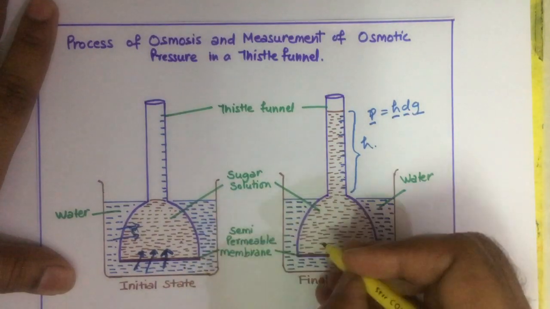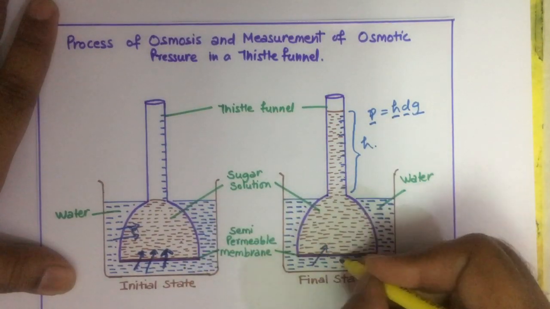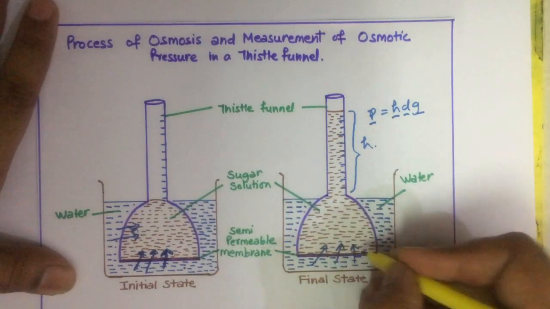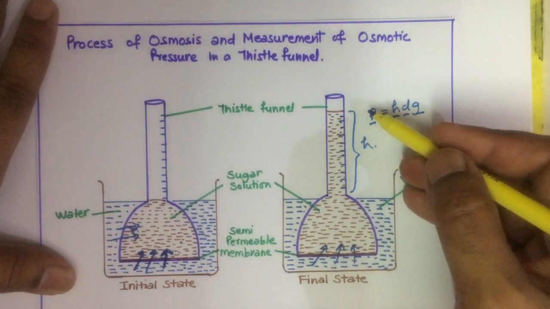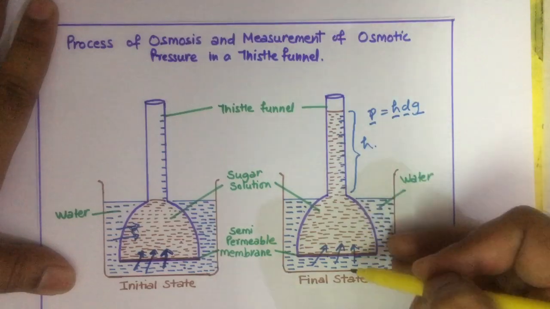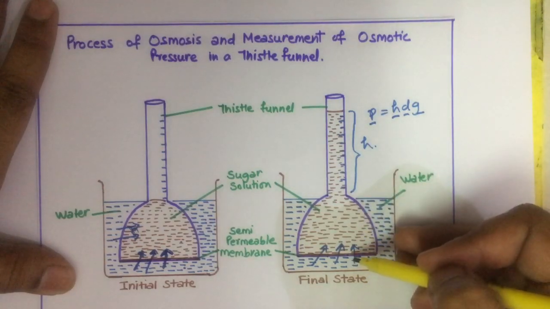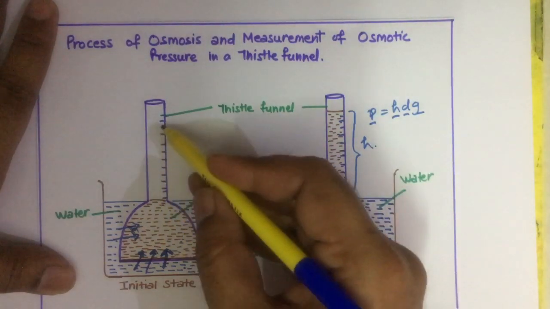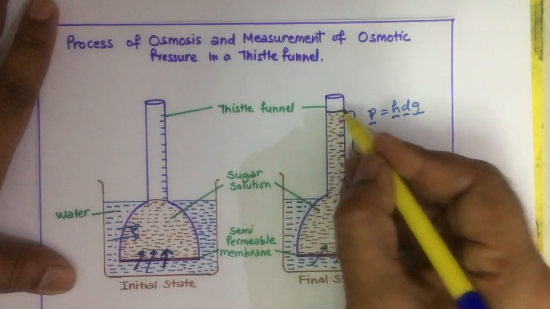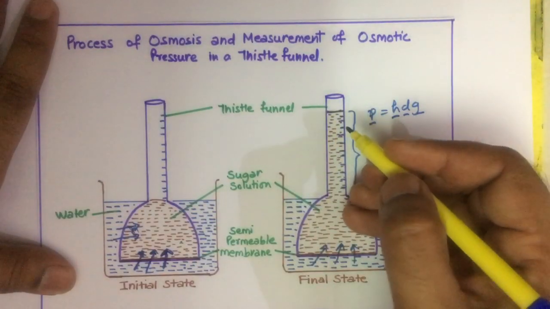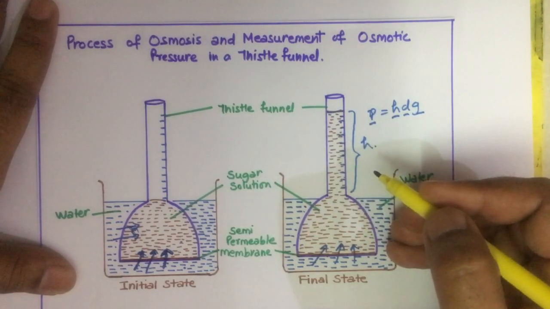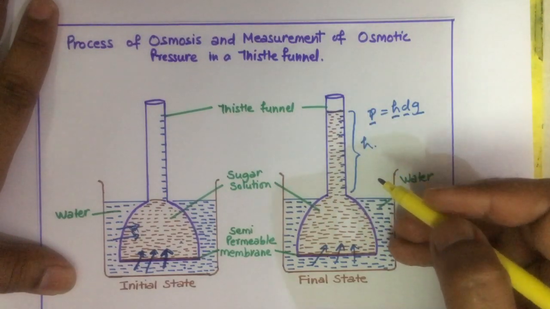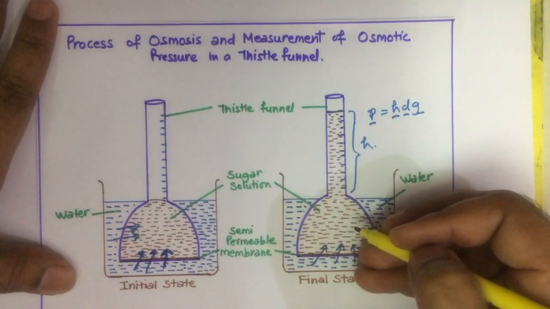So there will be inflow of water through the semi-permeable membrane due to the process of osmosis, and this hydrostatic pressure opposes this process of osmosis, and a stage will reach when this rise in the mercury column stops. At this stage, the hydrostatic pressure of the liquid is exactly balanced by the tendency of the liquid to pass through the semi-permeable membrane.